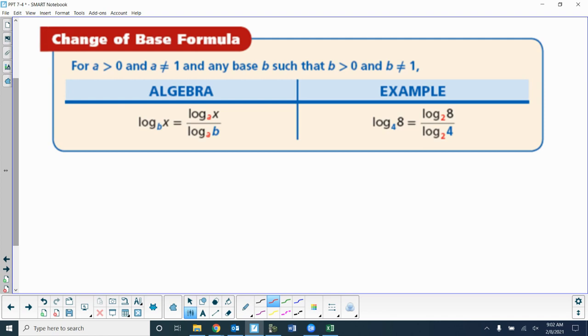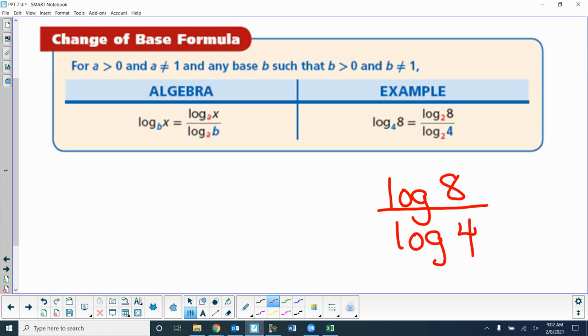This is called the change of base formula or property. They changed it to base 2, but I would just change it to base 10. Log of 8 divided by log of 4. That's all you put in your calculator. When you hit log, there's a parenthesis that comes up, so close up the parenthesis.